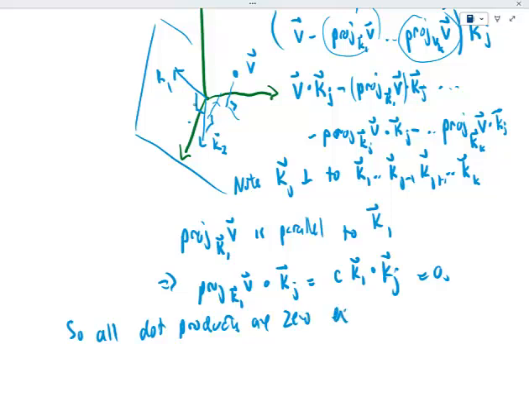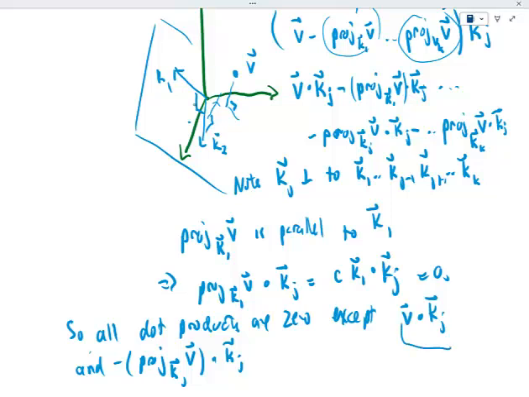except the first one, V dot kappa J, and the projection on kappa J of V dot kappa J. And there's a negative here. And you can use the projection formula to show that in fact this dot product is equal to this dot product.